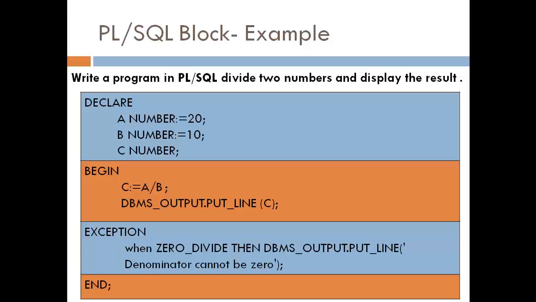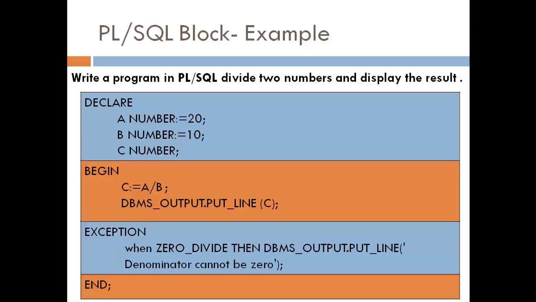In the begin section, the c variable is assigned the value after dividing a by b, and the same value is printed on the screen by using the function DBMS_OUTPUT.PUT_LINE. In the exception section, the exception ZERO_DIVIDE is checked. This exception occurs when we divide a number by 0.